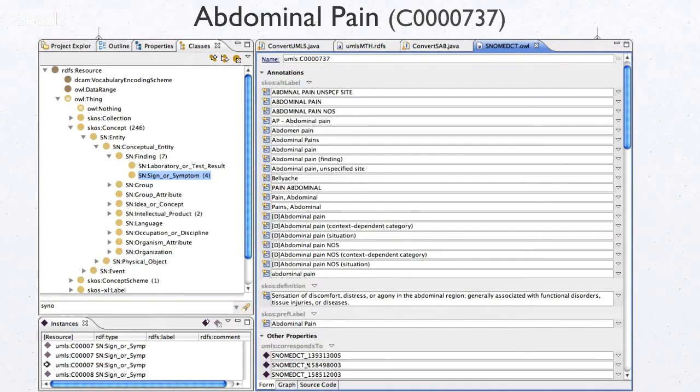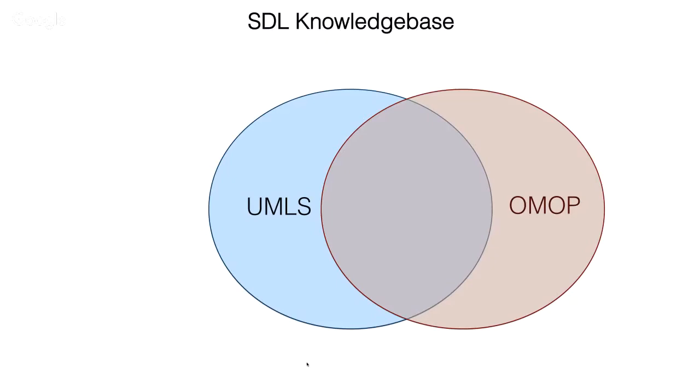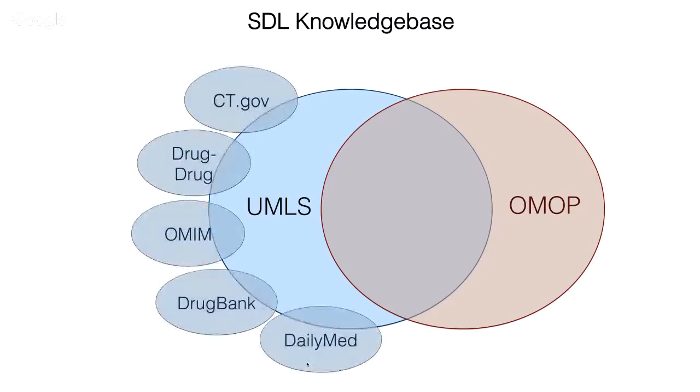They're all consistently represented. I made a very quick remark on its composition. This is the current state of what it is. Without census tract, it is close to 500 million triples. With census tract and geocoding data, it is more than 1 billion triples.